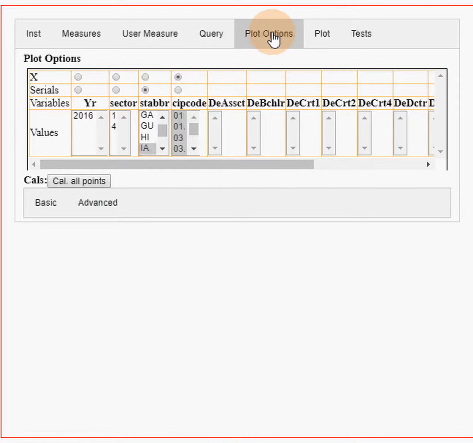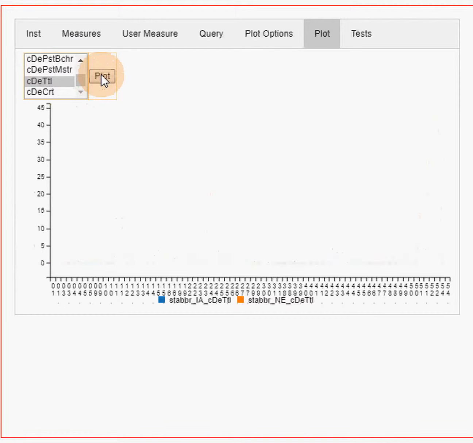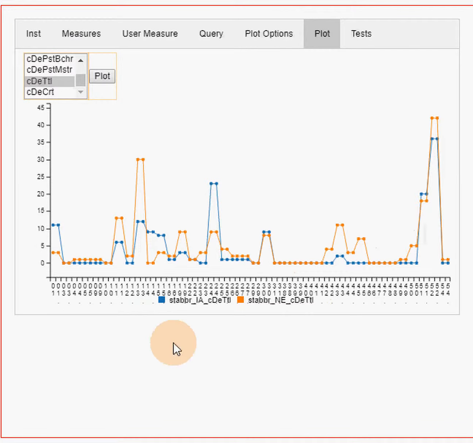Okay, and we come to the plot, and again let's start with the total. Okay, and you can see there's Iowa, and if you look at Iowa, it seems they got pretty high on the 24, and not as much on the 13.